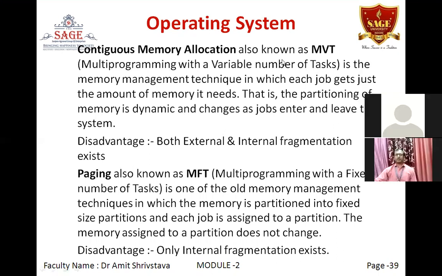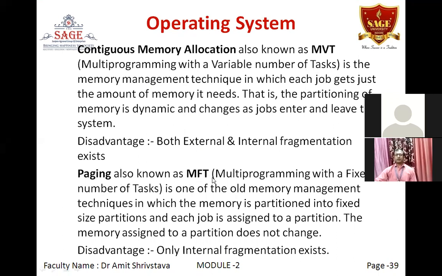Contiguous memory allocation, also known as MVT, multiprogramming with a variable number of tasks, is the memory management technique in which each job gets just the amount of memory it needs. That is, the partitioning of the memory is dynamic and changes as jobs enter and leave the system. We have already seen that there exists both external and internal fragmentation in this kind of scheme.